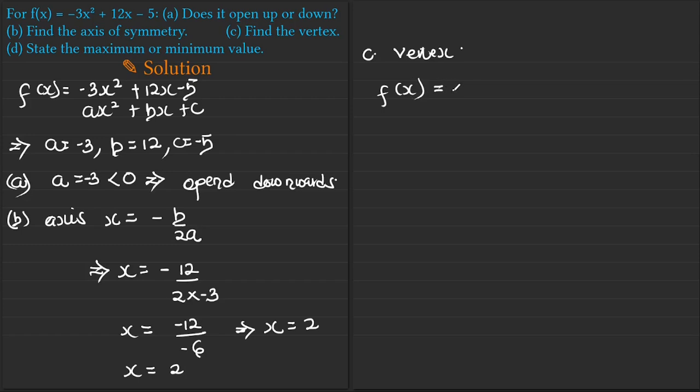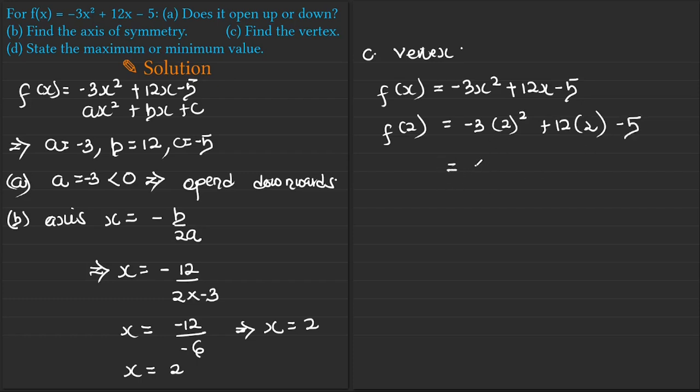The function was negative 3x squared plus 12x minus 5. So for x equals 2, we have f of 2 being equal to negative 3 times 2 squared, plus 12 times 2, then minus 5.